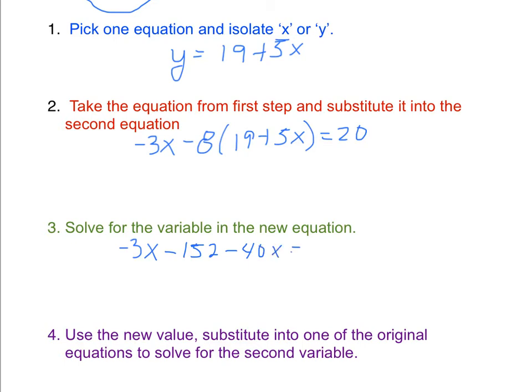So that's a little bit of simplifying. We have some more simplifying before we start with solving, as we get to combine like terms, our x values. So we'll have negative 43x minus 152 equals 20. And then now we're ready to solve. We're going to add 152 to both sides of the equation.